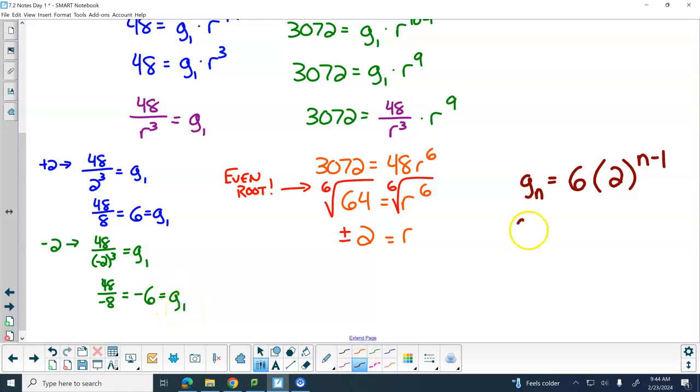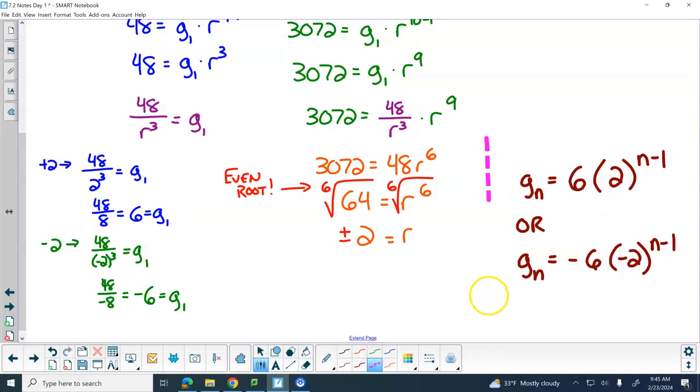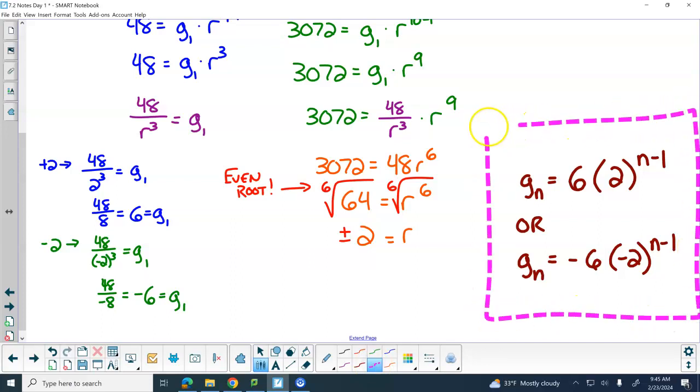So this one could give me one of two rules. And both of them work because of the even root that we took. Both of those rules would apply given this scenario. So this special case gives me two answers that I need to give.